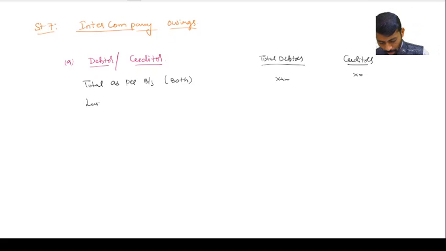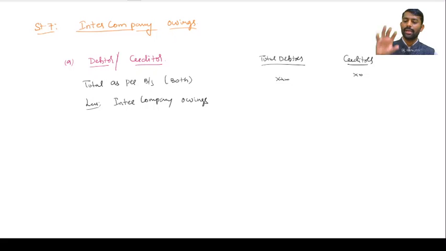Out of that, you have to deduct intercompany owings. For example, total debtors are 1 lakh, of which 80,000 is the holding company and 20,000 is the subsidiary company. Like that, creditors are 50,000 in the holding company and 30,000 in the subsidiary company, total 80,000.